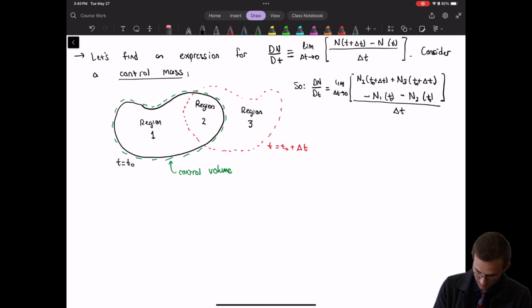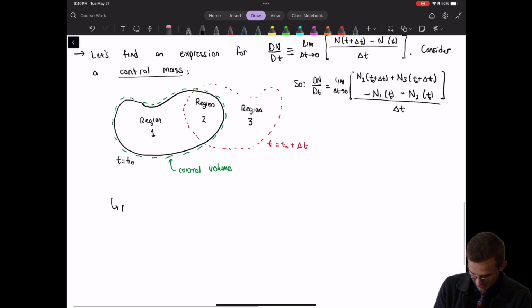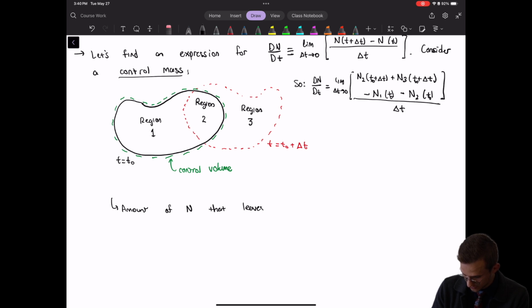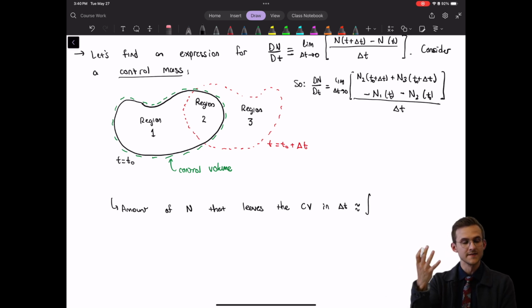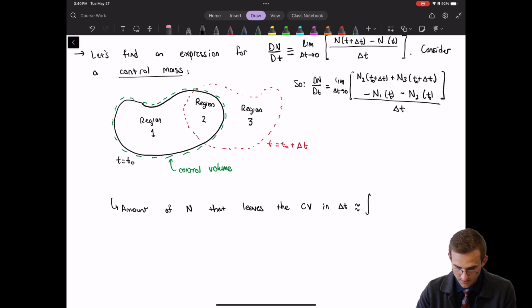So we'll start by writing down the amount of the property N that leaves the control volume CV in our time step. Okay, it's approximately equal to, and equality would occur in the limit that delta t goes to 0, of course, the integral over S out, okay?